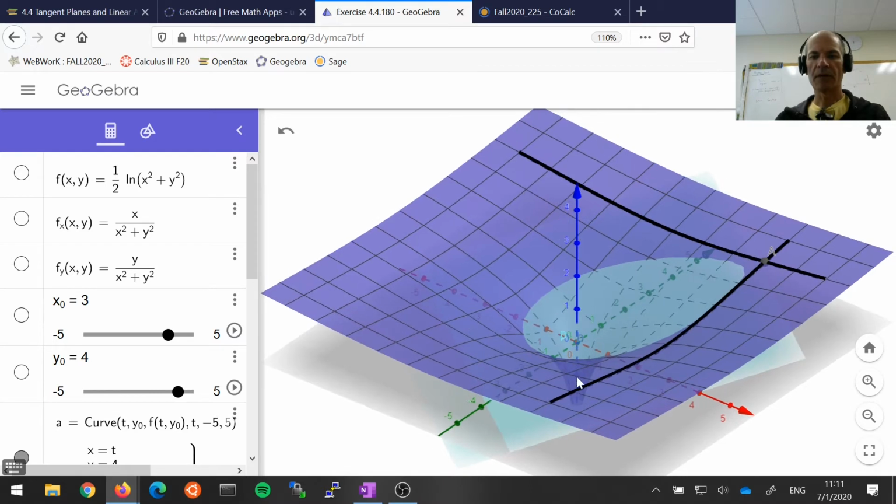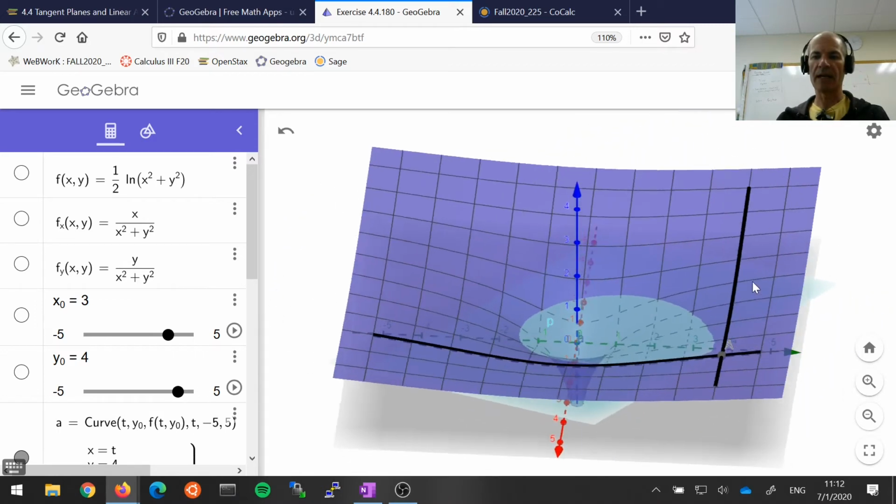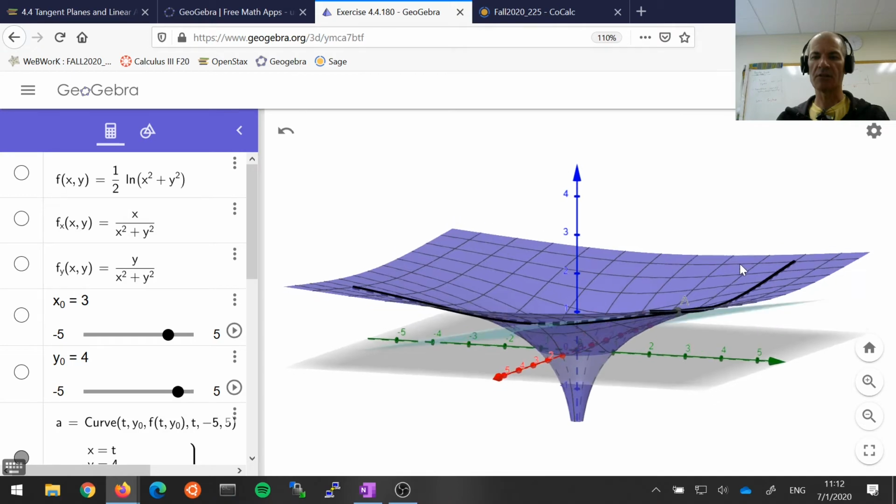And remember that the red axis is the x-axis, the green axis is the y-axis, and the blue axis is the z-axis. So this black line here is the trace in the x direction. This black line is the trace in the y direction. And I can move that point. So I'm interested in the tangent plane at the point A.